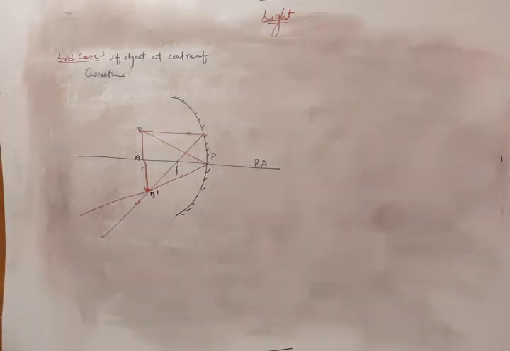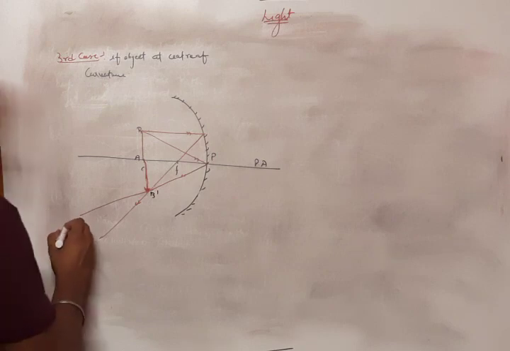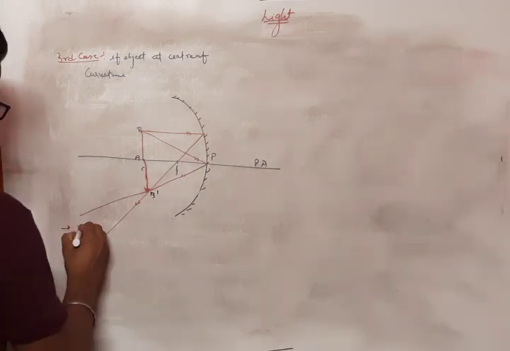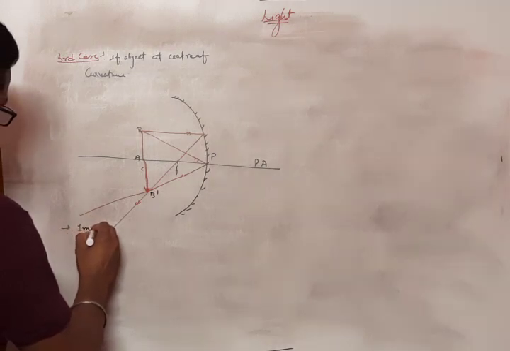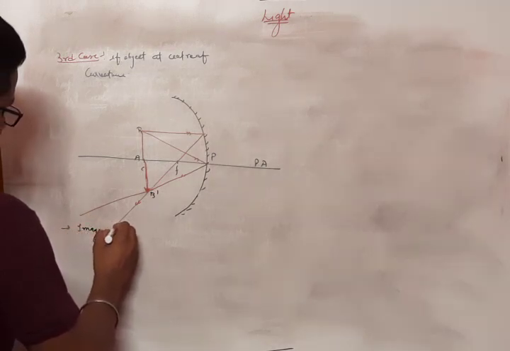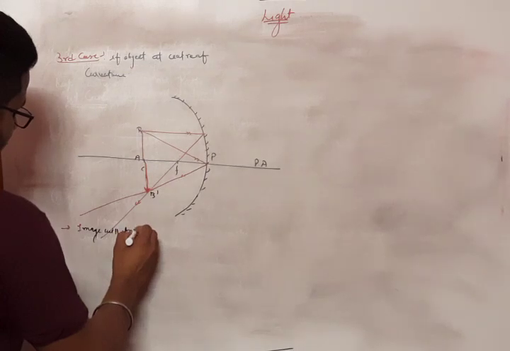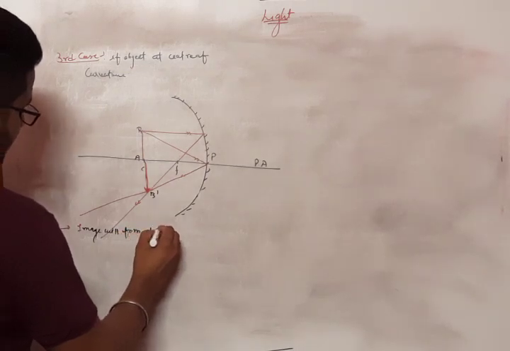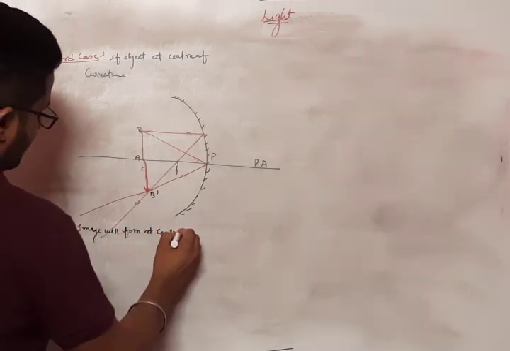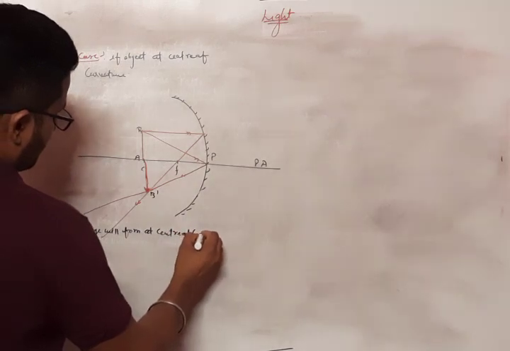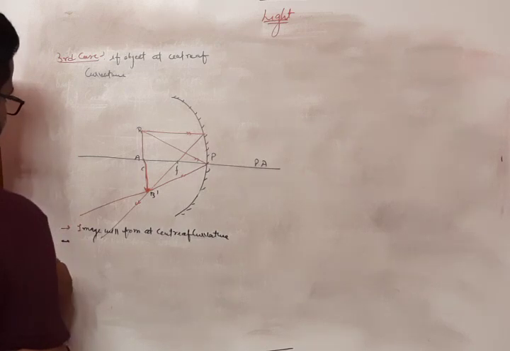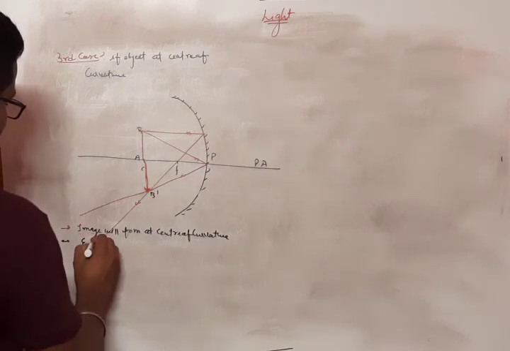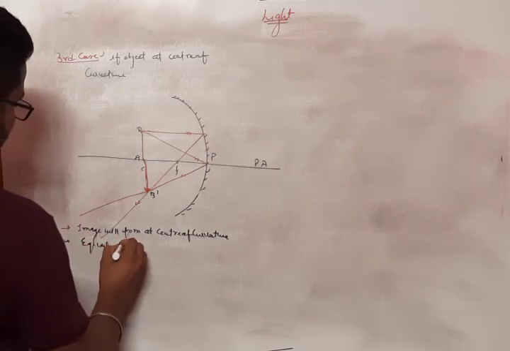Okay beta, so what is the image information? Image information is: the image will form at the center of curvature. Second information: it is equal to the object.